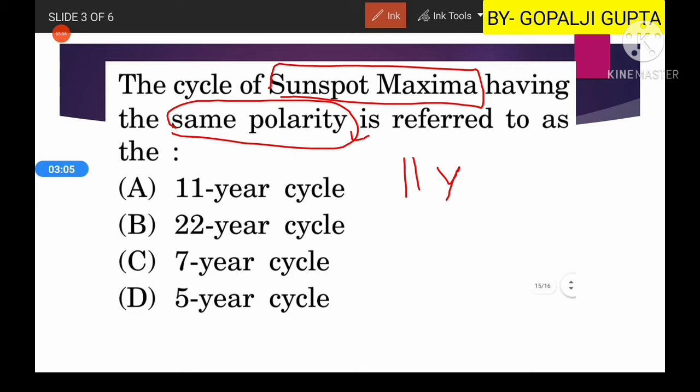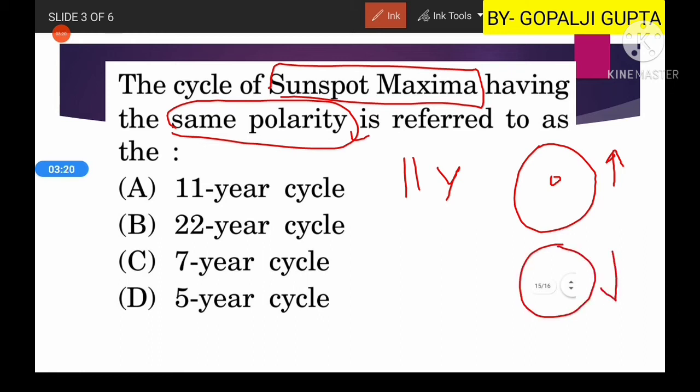So let us consider that this is our sun and here we have the sunspot. After 11 years, let us consider the polarity is something like this. So after 11 years, the polarity will be reversed. So you have the sunspot maxima after 11 years, but the polarity is not the same.